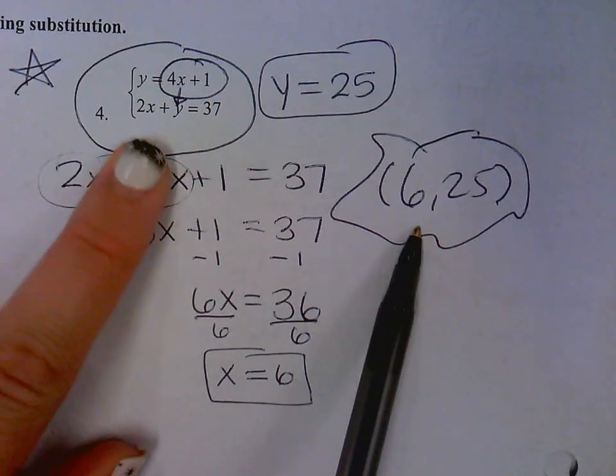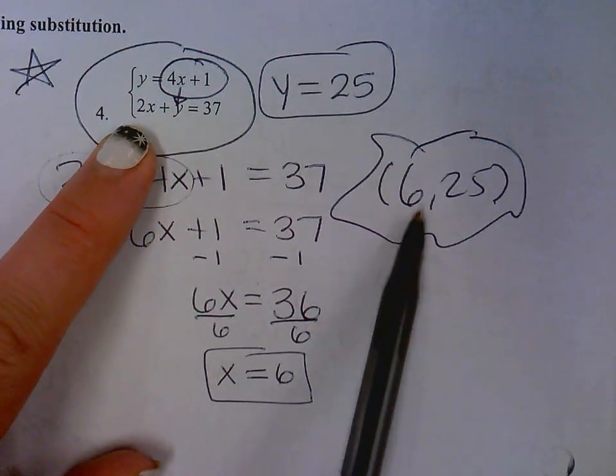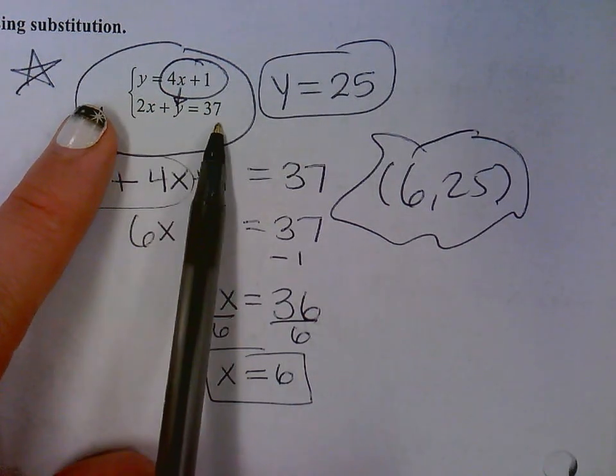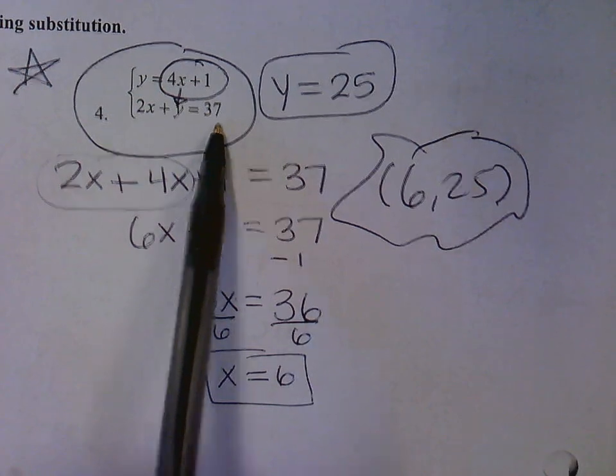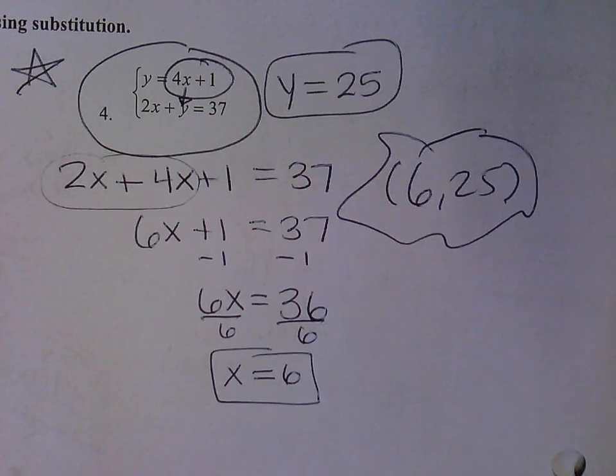So let's see, 2 times 6 would be 12, and then plus 25, yeah, 12 plus 25 does give me 37. If you made a mistake, it won't work when you plug it into the other equation, so you could go back and look for your mistake before you turn in your quiz. So substitution is always checkable, just plug it back in.